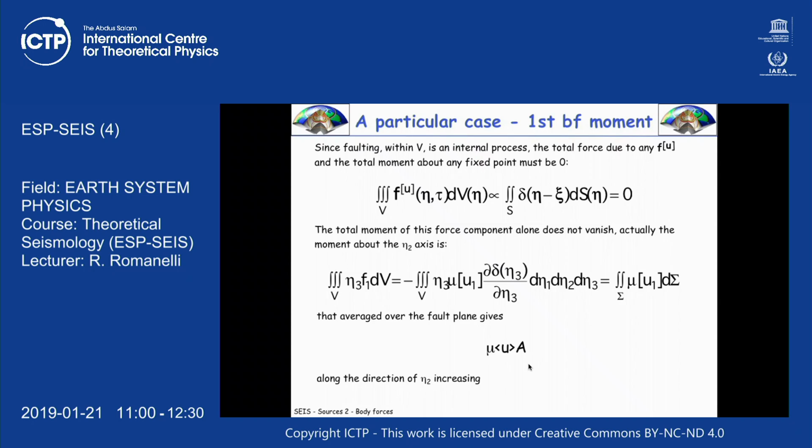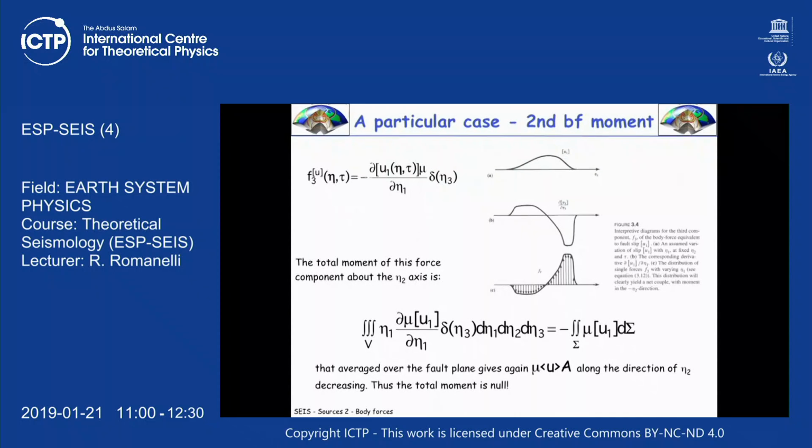Okay? So for the first set of forces, we have a set of couples with total resultant null and total moment plus M0. Okay, now let's take a look at the second. The second is a little bit more tricky.